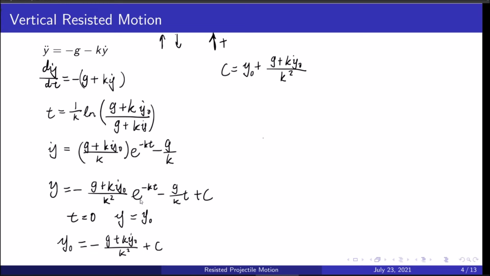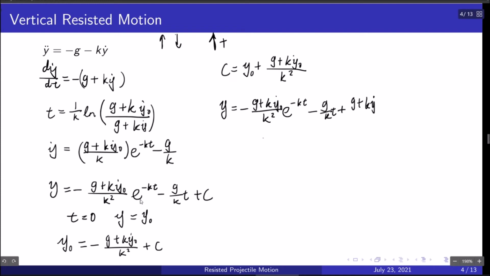Okay, so combine everything. We can just say y equals negative g plus ky dot naught over k squared e to the power of minus kt minus g over k t plus g plus ky dot naught over k squared plus the original y naught.